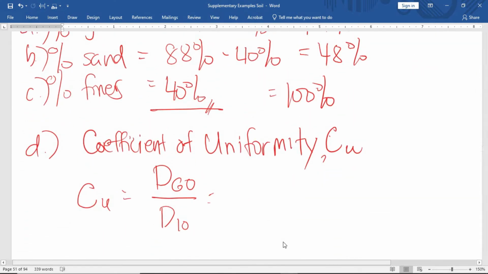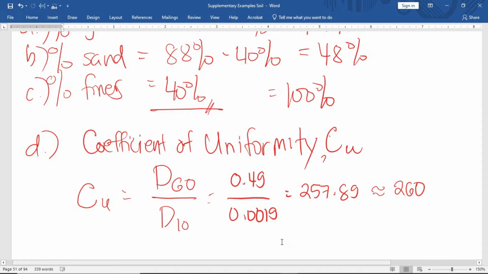So, ang CU natin is 0.49 all over 0.0019, at ang sagot natin is 257.89, or gawin nating whole number, which is almost equal to 260.